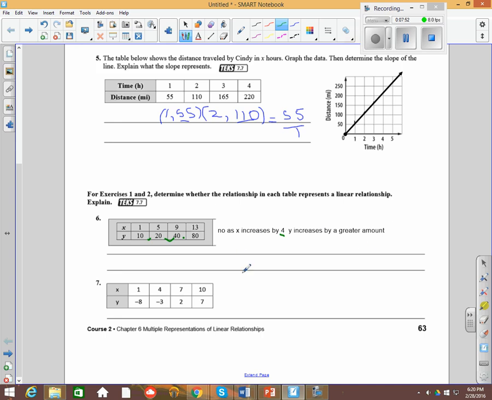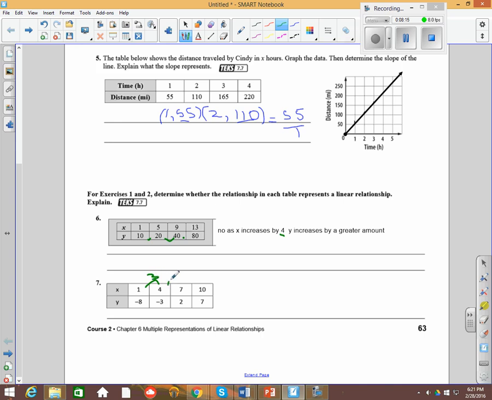So let's look at number 7 here. Is this a linear representation? Is the rate of change constant? So let's look at it. You see x is increasing by 3 each time.